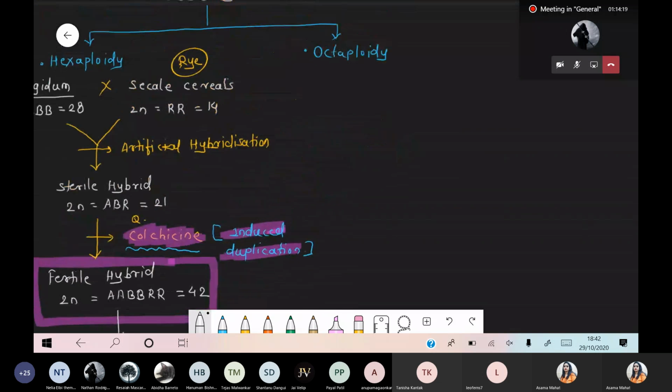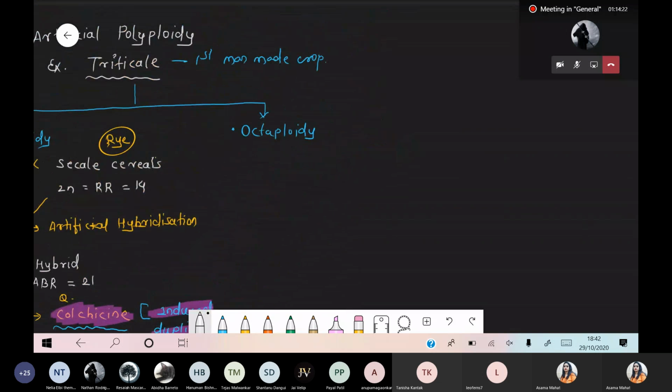So same condition with respect to octaploidy. यहाँ पे भी same condition होगा. But now in this condition we are taking this species that is Triticum aestivum. Triticum aestivum. Now they cross with the rye.